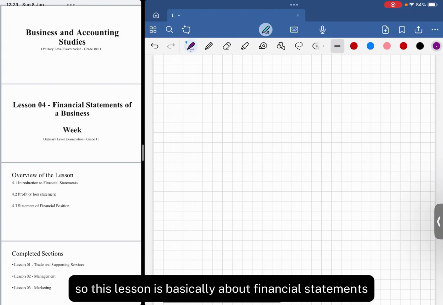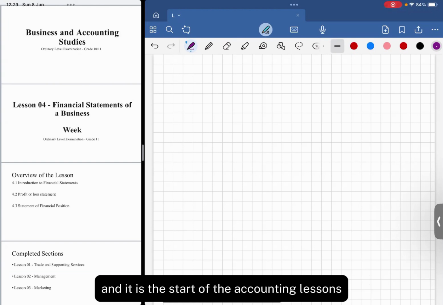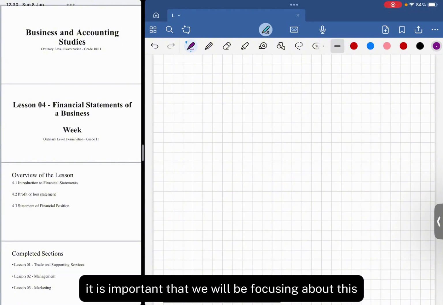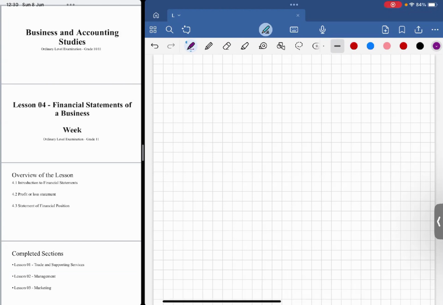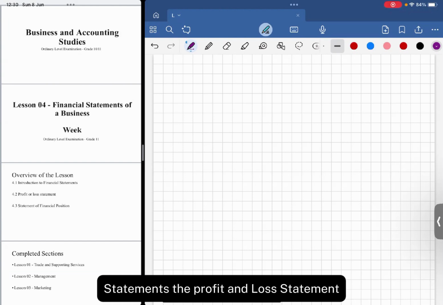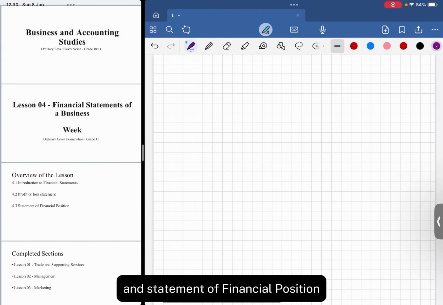This lesson is basically about financial statements, and it is the start of the accounting lessons in grade 11. So it is important that we focus on this lesson and its content from the beginning itself. Okay. So we will be learning about the introduction to financial statements, the profit and loss statement, and the statement of financial position in this lesson.